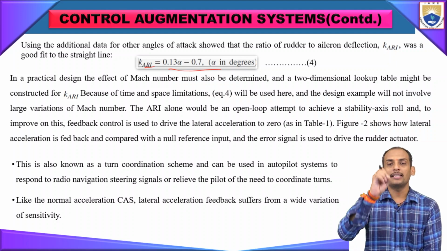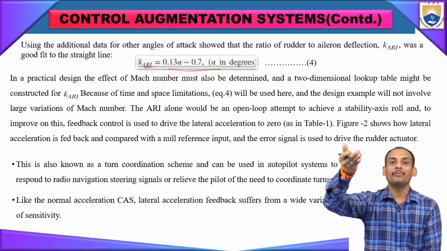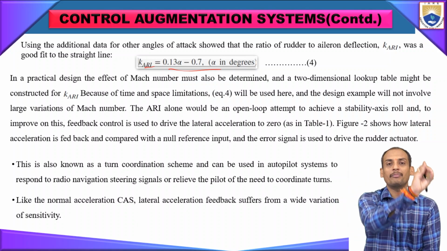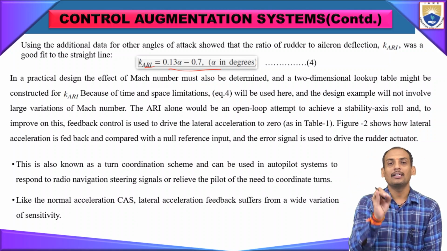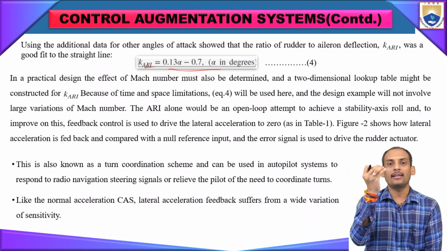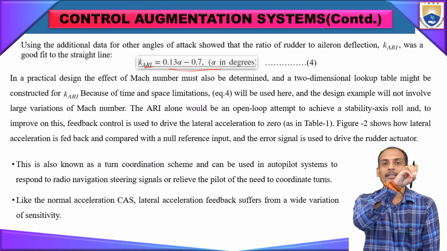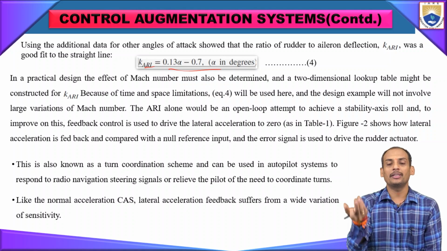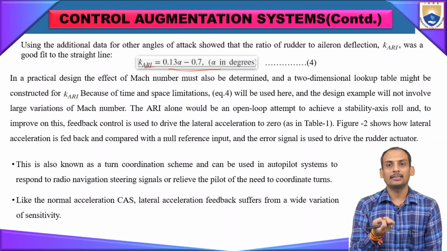That means the error signal, where we get the feedback from the rudder, is summed to the control surface. Based on the error between the feedback and the applied input, the rudder actuator will be operated. So this is known as the turn coordination scheme.